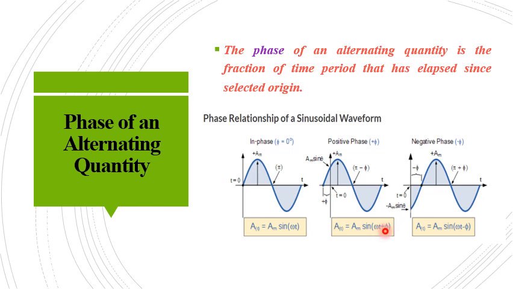The waveform is having a positive phase. Then in this case, the waveform is delayed by an angle phi, or we are having a negative phase. So our waveform will become A of t is equal to Am sine omega t minus phi.